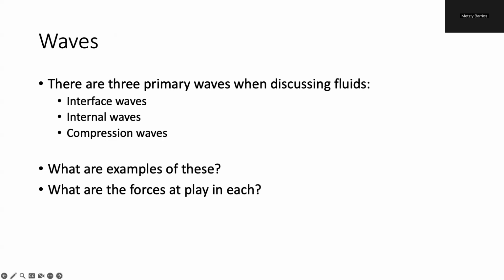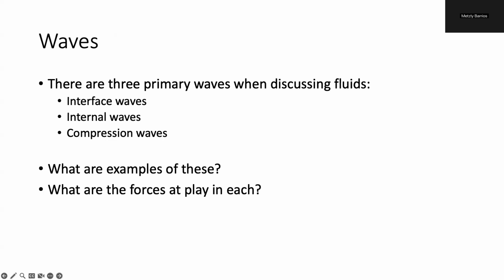So for example, water and ground interaction will not lead to a wave because generally speaking, the water cannot make the ground undulate, right? So that's an interface wave. What's an internal wave? Within the water. Very good.